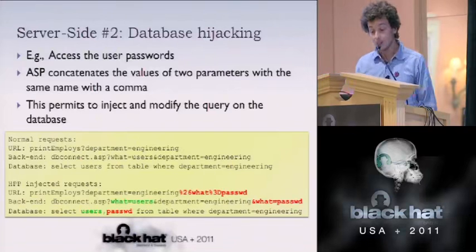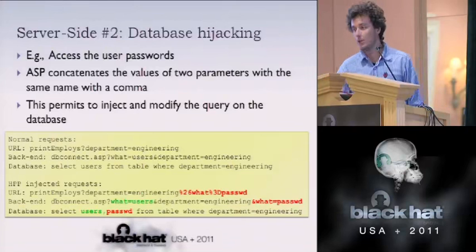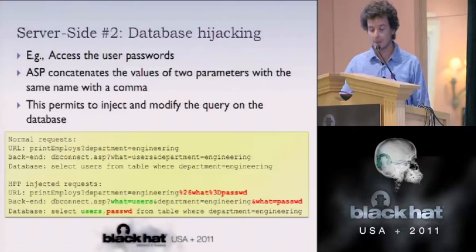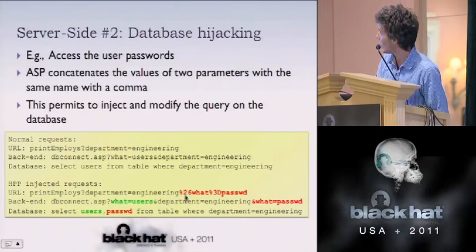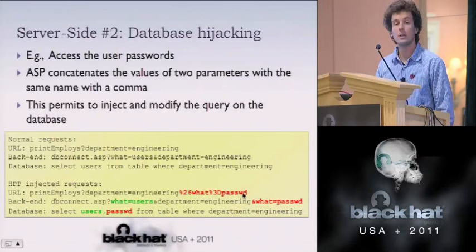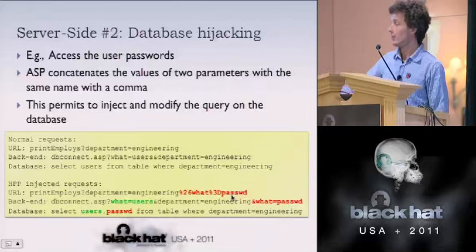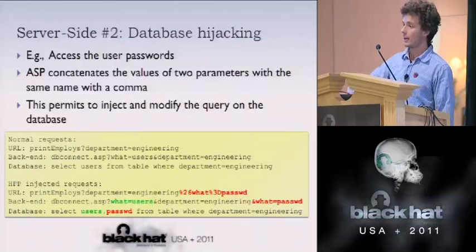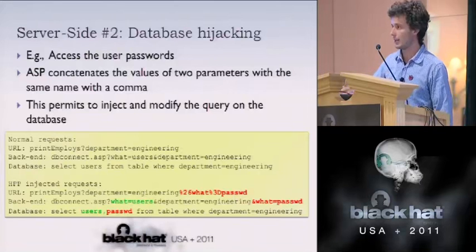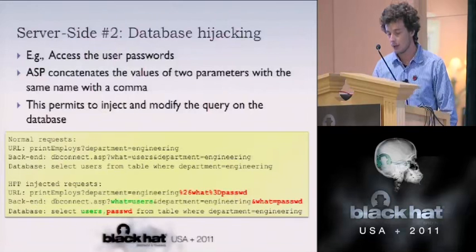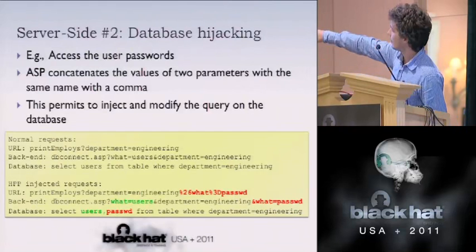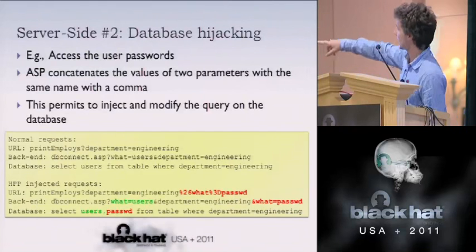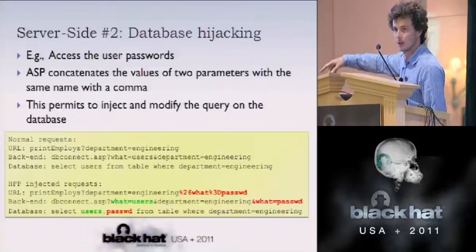Here, again, if you are able to inject into the department parameter something like this, what equals password, what happens is that the backend code will generate a query on the database where the select will not contain just select user, but select user, comma, password. Why?